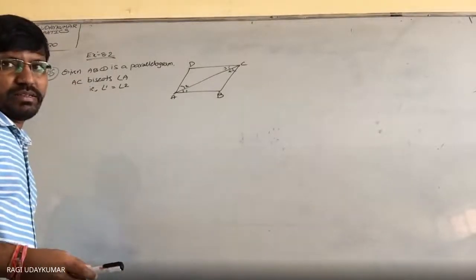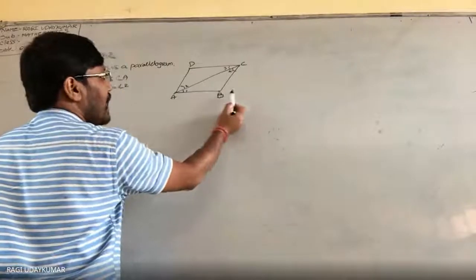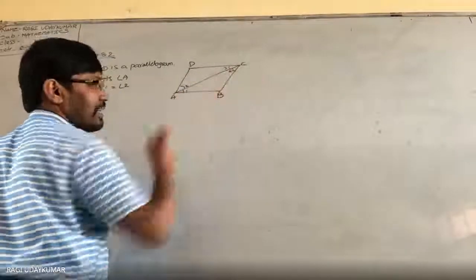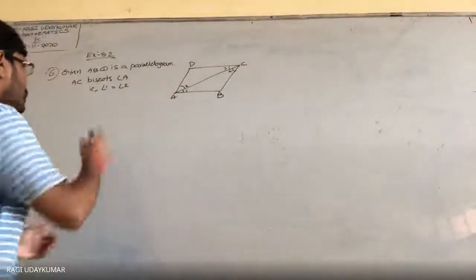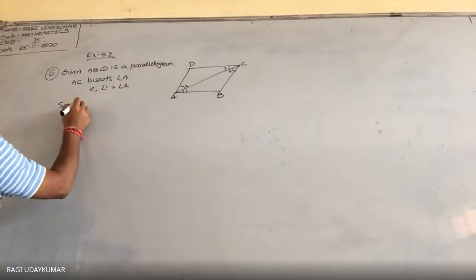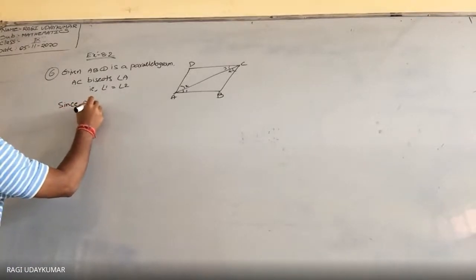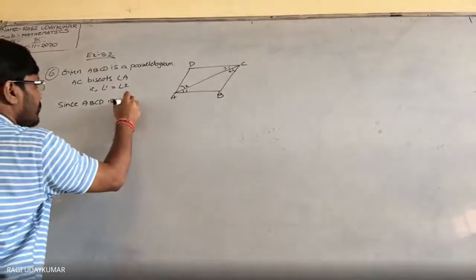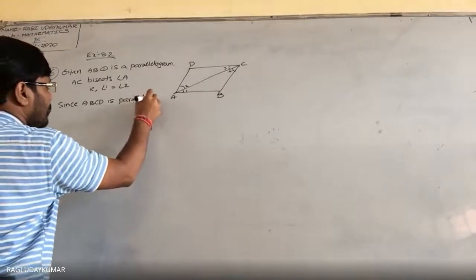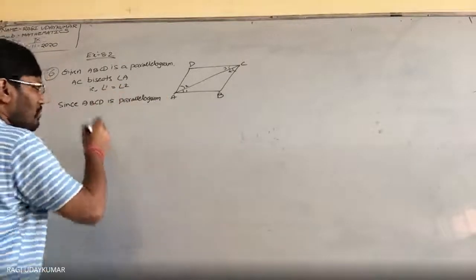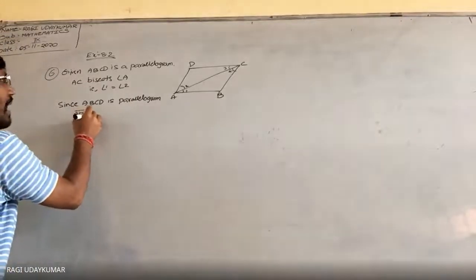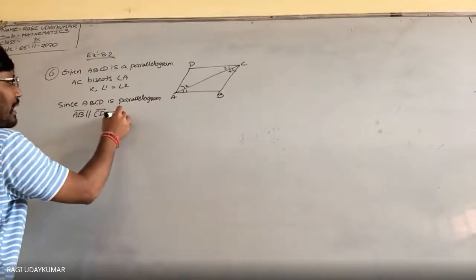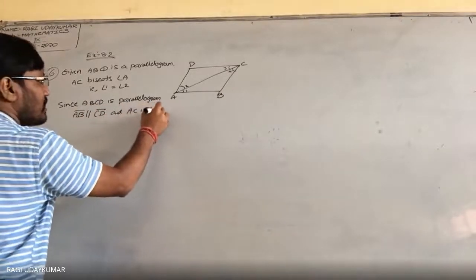It's very simple. Suppose you take alternate interior angles. AB and CD are parallel lines, because ABCD is a parallelogram. So since ABCD is a parallelogram, AB is parallel to CD and AC is transversal.